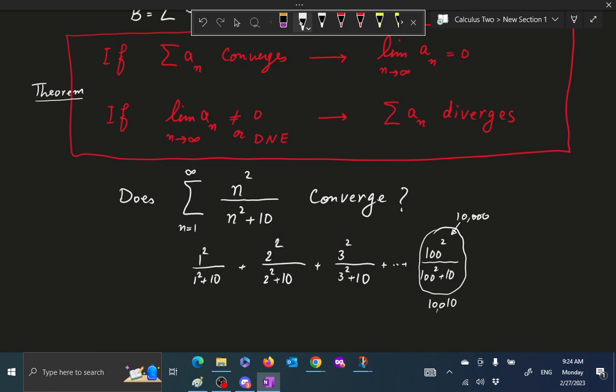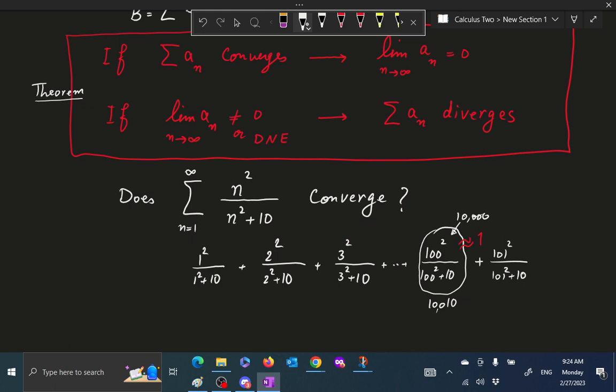These are very close numbers, and the ratio 10,000 over 10,010 is very close to 1. This is approximately 1. And as I go further out, like if I consider 101 squared over 101 squared plus 10 and so on, this comes even closer to 1.